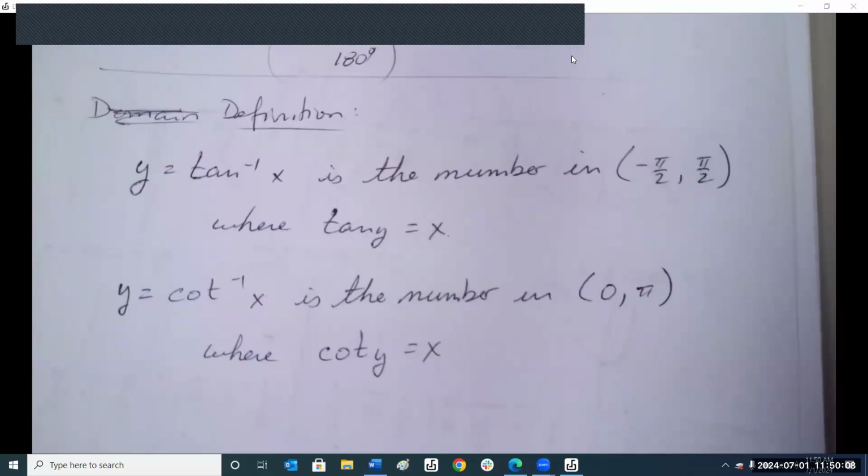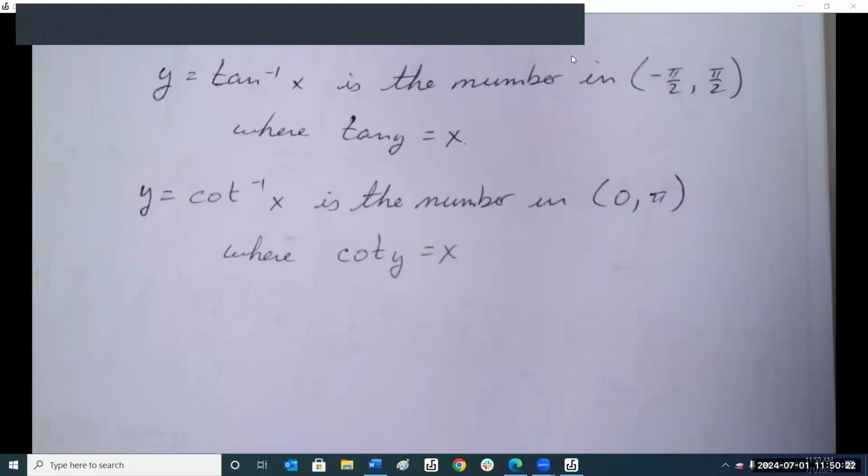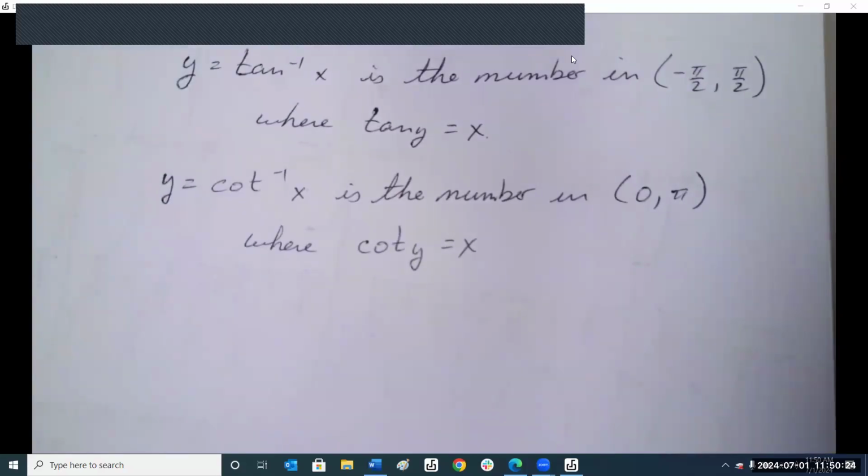And remember, sine and cosine are simply pi over 2 units shifted. So therefore, so are the cotangent and tangent. So are the secant and cosecant from the sine and cosine. They're only pi over 2 shifts.